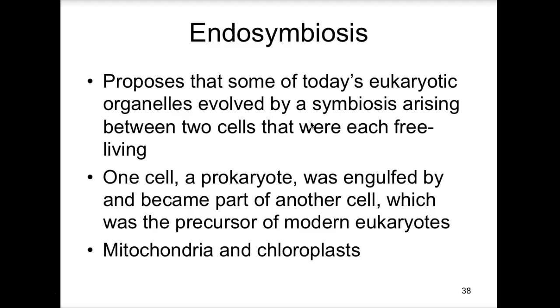Leucoplasts lack pigments and have a simple internal structure. In root cells and some other plants, the leucoplasts serve as starch storage sites. Leucoplasts will store starch, amylose, and are sometimes termed amyloplasts.